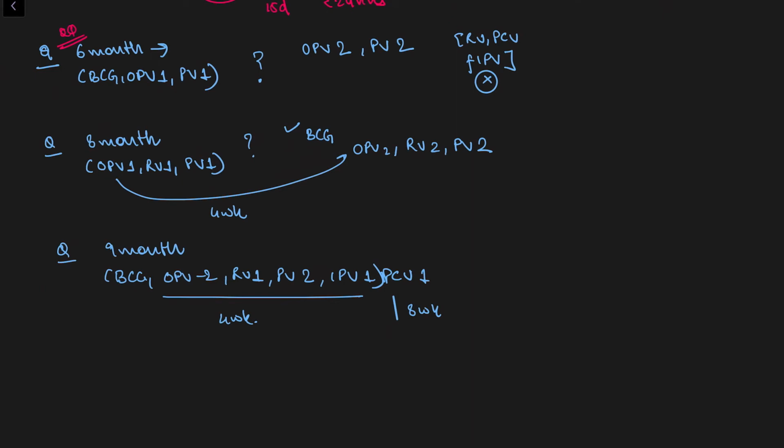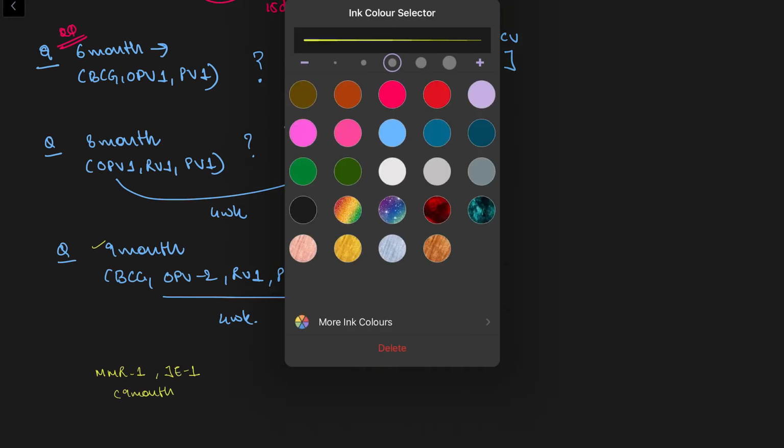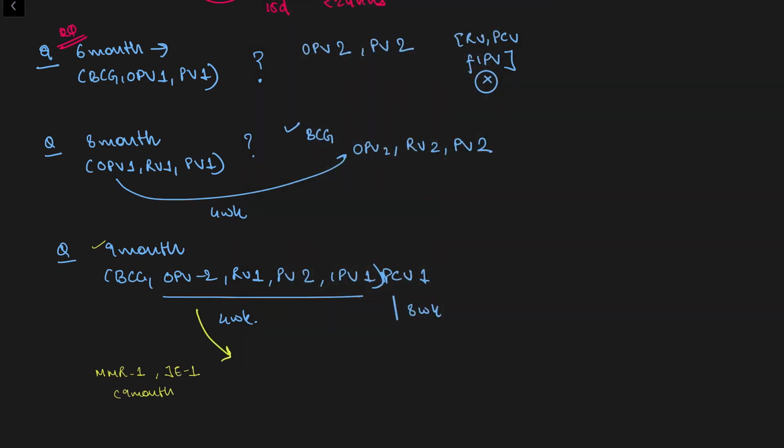We will give him measles vaccine, measles conjugate or the measles rubella vaccine first dose, then Japanese encephalitis first dose, OPV third dose, rotavirus second dose, then pentavalent third dose, IPV second dose and PCV second dose. Right? So we just need to look at the gap and the age of the child, and then we administer the vaccine as such.